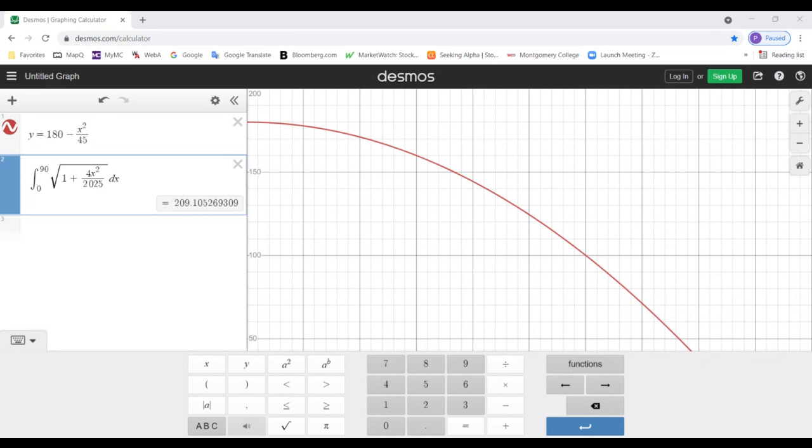But certainly now, for problems where you need to use numerical integration, you would have access to some kind of integration calculator, like in Desmos here. There's also GeoGebra. How many have heard of this?